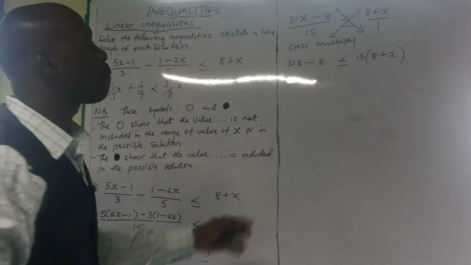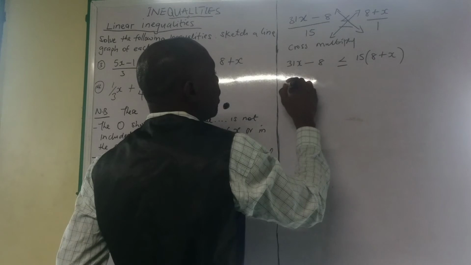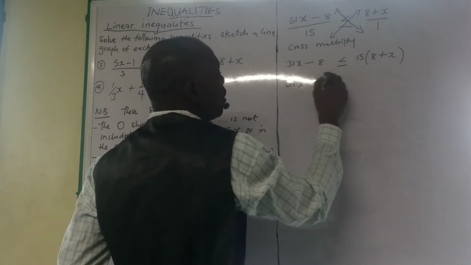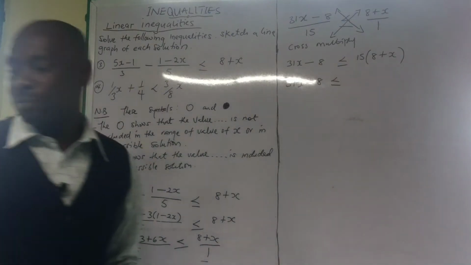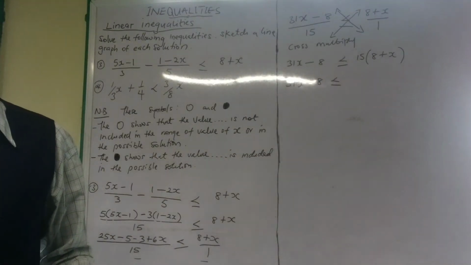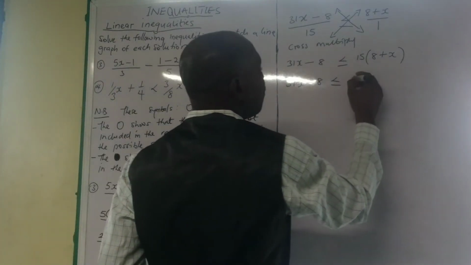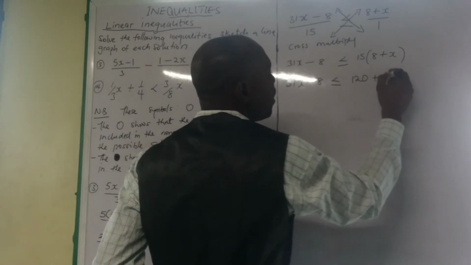So from here, let's multiply this one. 31x minus 8 is less than or equal to 15 times 8. 15 times 8 is going to give us 120, plus 15x.